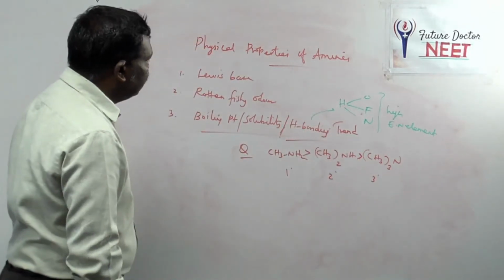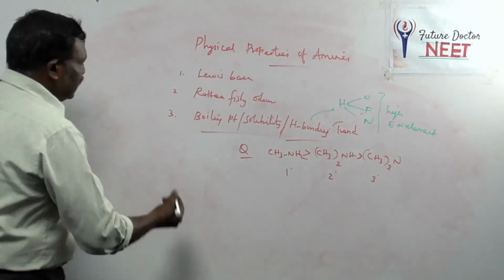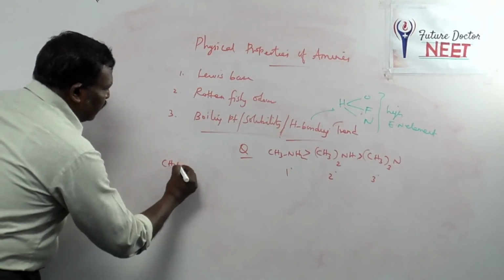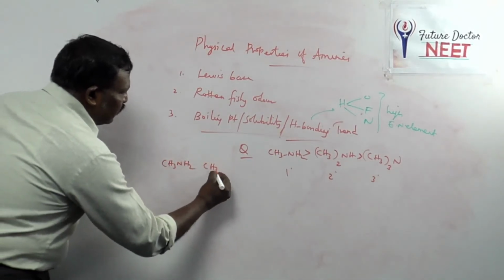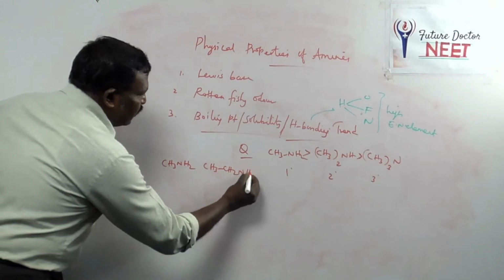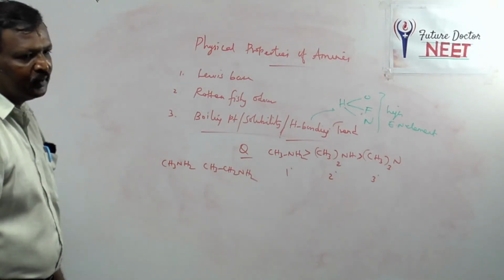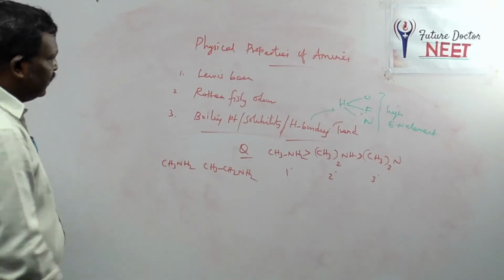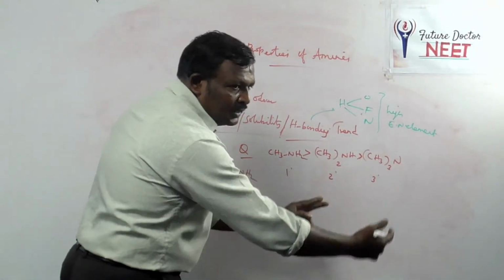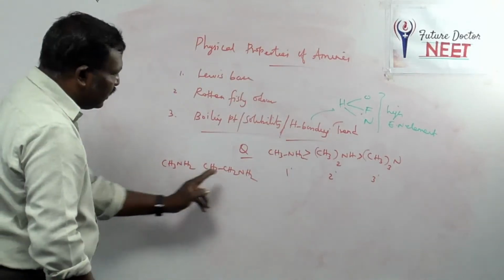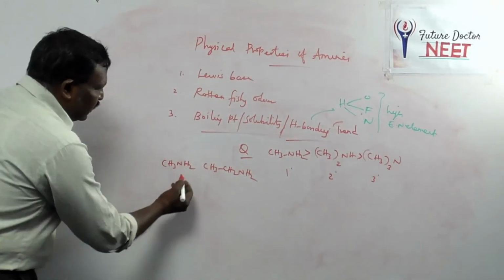Understood? Okay. Sometimes, methanamine, ethanamine. Who is having high boiling point? You are able to differentiate primary, secondary, tertiary. But here, how to differentiate? Both are primary. Correct or not?